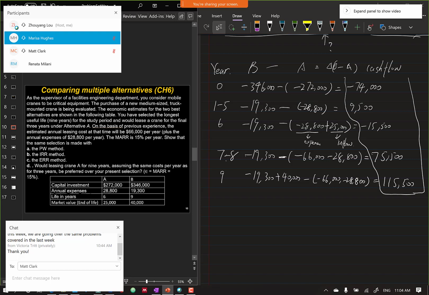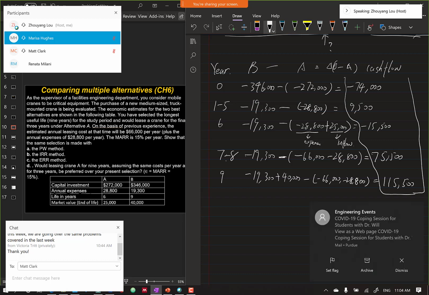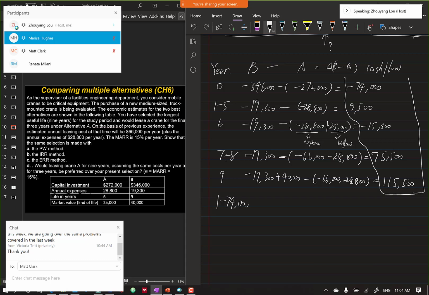Since we are putting them together, we're going to treat the cost now as a positive value, because we compare the absolute value of these two. Then on the cost part, that will be 74,000 minus 74,000. And the other expense is at year 6, and we put that together.